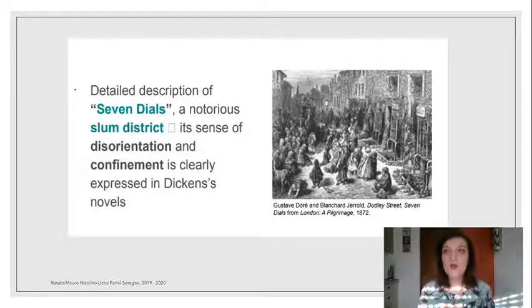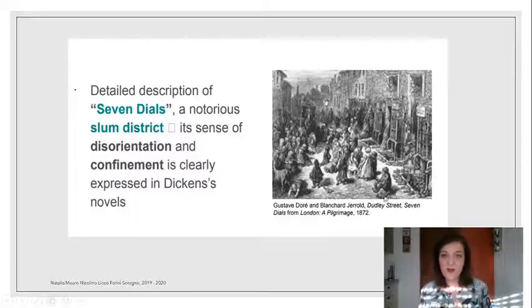When he sets his novels in London, he doesn't describe the richest, the wealthiest part of the city, but he describes in detail an area of London called the Seven Dials, which was a very famous slum district.